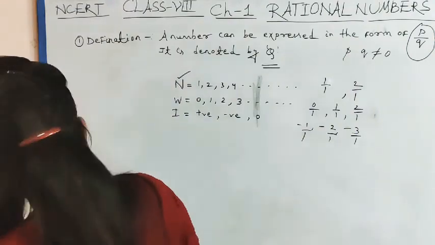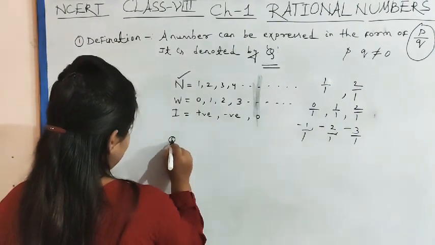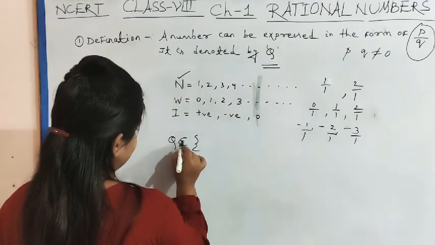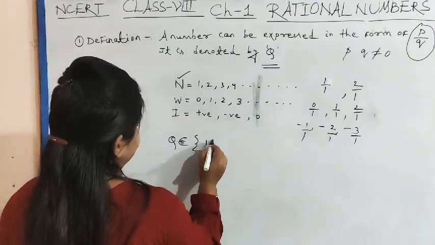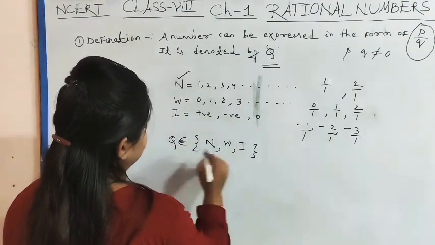Now rational number Q: it includes all natural numbers, whole numbers and integers.